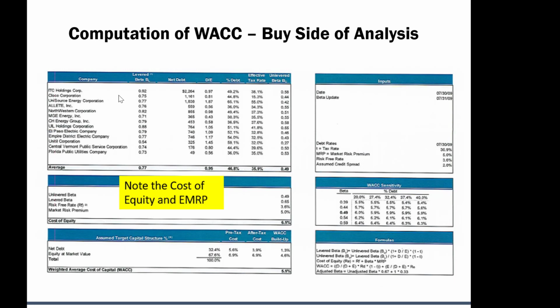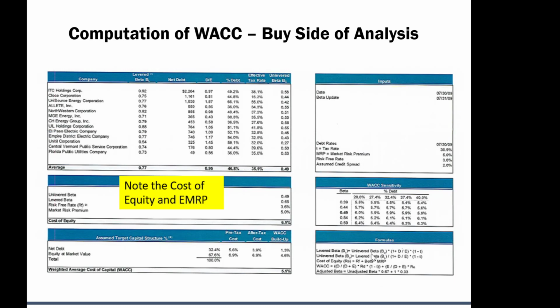Now, here's the other thing I'm really going to criticize. In almost all of these M&A transactions, you get a sample of similar companies. You get the leveraged beta. You take account of the net debt, and from that leveraged beta down here, you get the unlevered beta, essentially the way they did it.